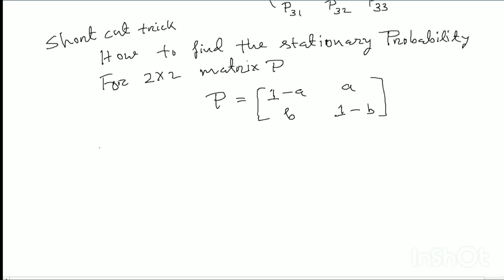So P equals 1 minus A, A, B, 1 minus B. So P is a 2 cross 2 matrix.